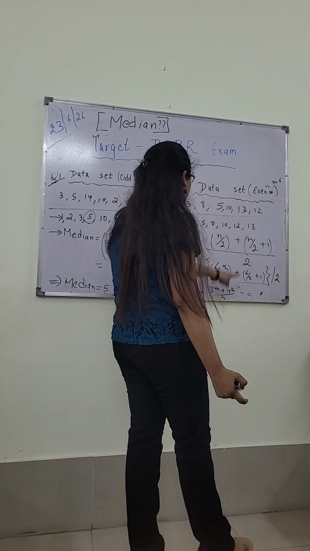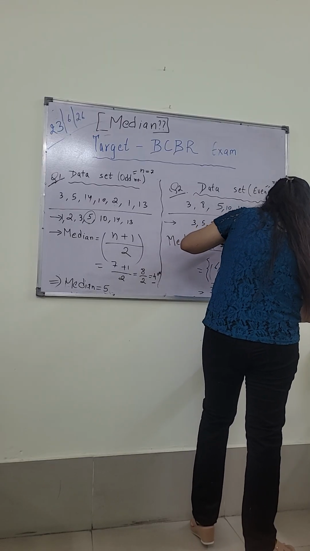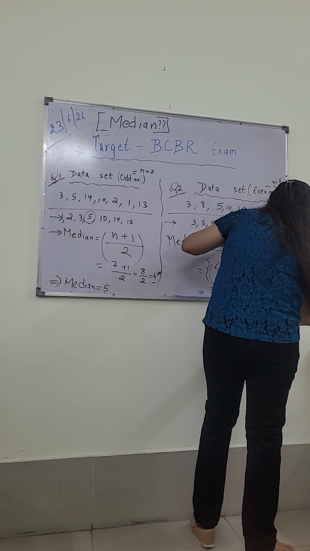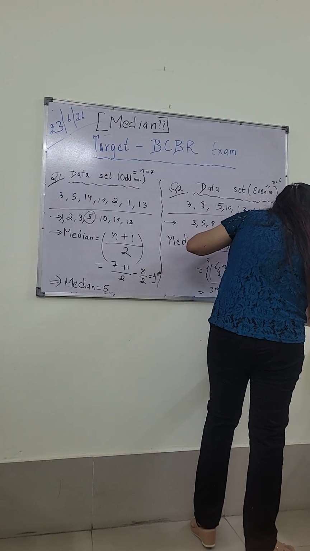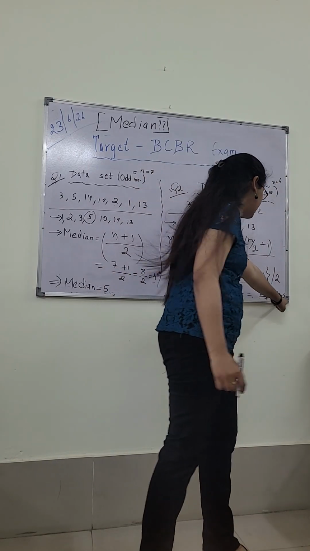What is our third value? It is 8. What is our fourth value? It is 10. So it is 18 by 2. It is 9. So our median for this data set is 9.